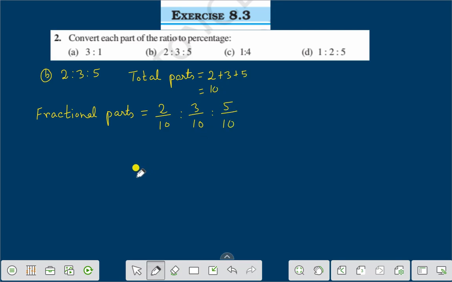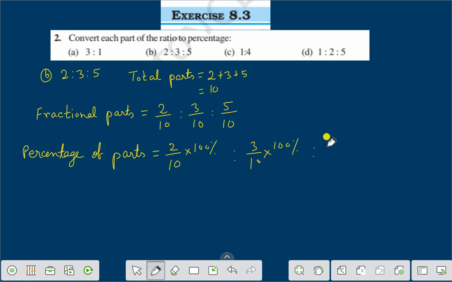Now we'll find the percentage of parts. Percentage of parts is equal to 2 by 10 into 100% is to 3 by 10 into 100% is to 5 by 10 into 100%.